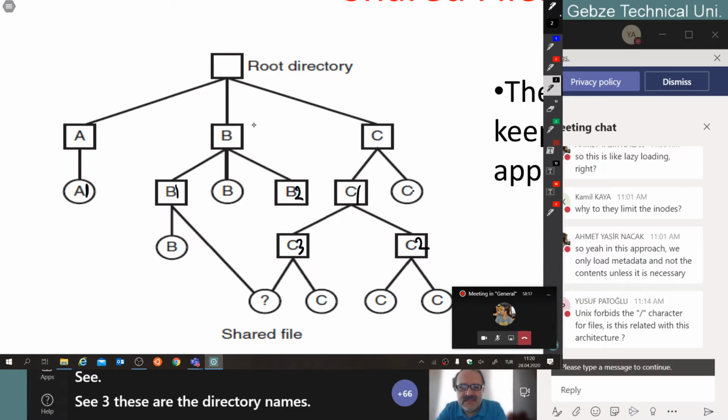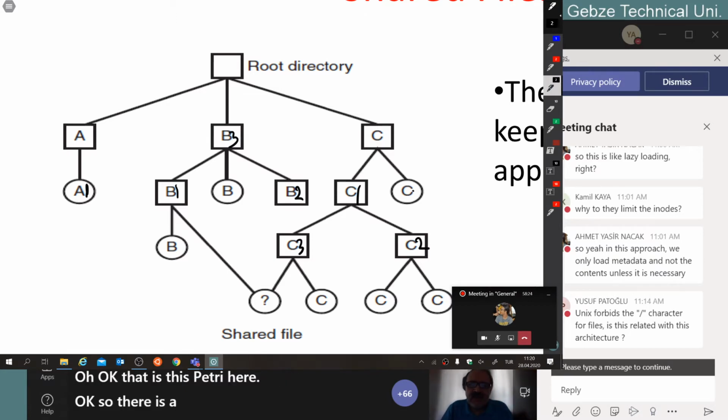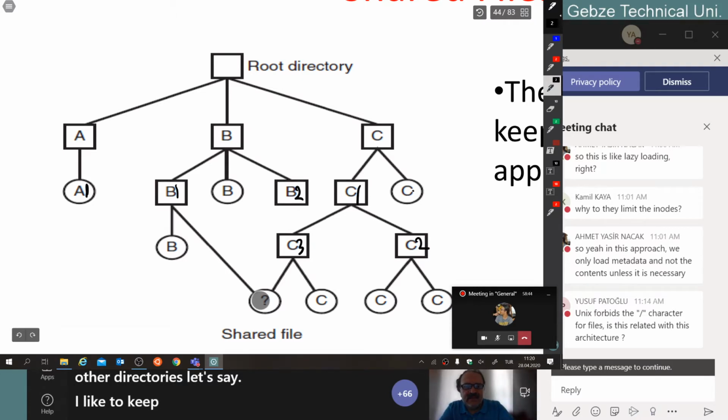Okay, there is this B3 here. So there is no confusion now. Each user has his own directory, and under the directories, I have the files and other directories. Let's say I like to keep this file shared between these two users, B and C.